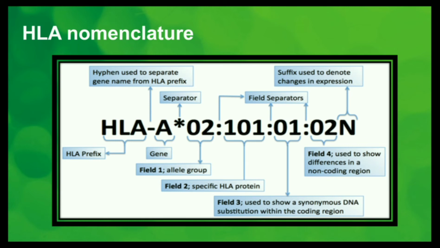L is used to indicate an allele which has low cell surface expression when compared to normal levels, and N means null allele. The S suffix is used to denote an allele specifying a protein which is expressed as a soluble secreted molecule but is not present on the cell surface. The C suffix is assigned to alleles that produce proteins that are present in the cytoplasm and not on the cell surface.